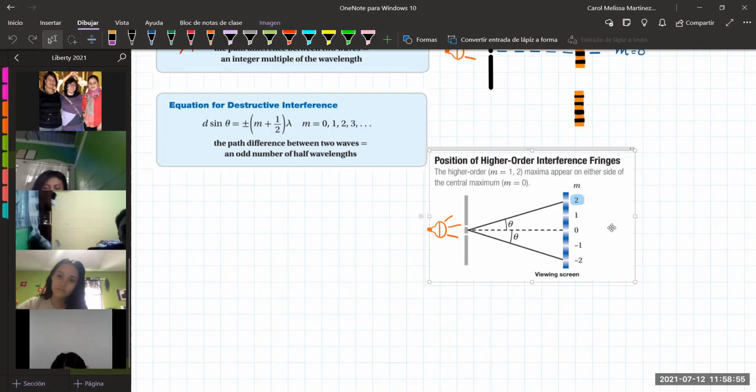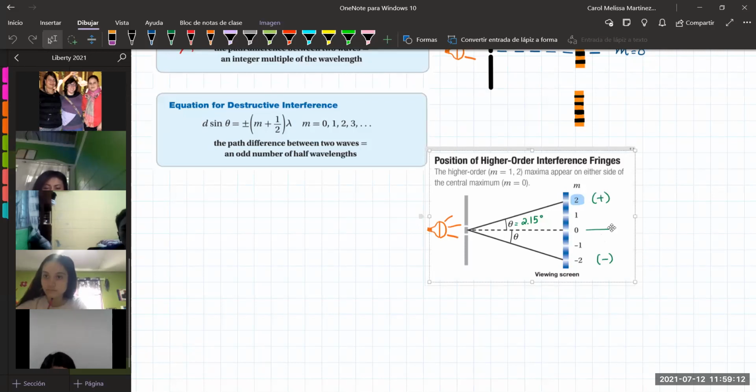So this angle in this problem is 2.15 degrees, and it can either be positive if it is above the principal axis, or negative if it's below the principal axis.